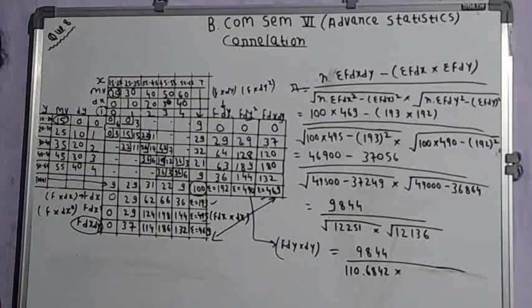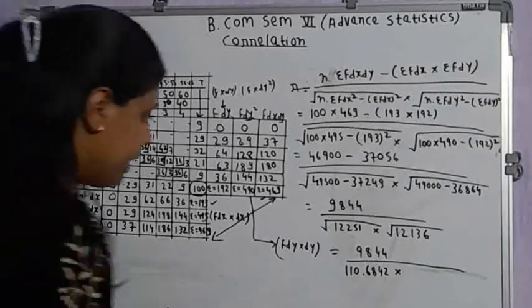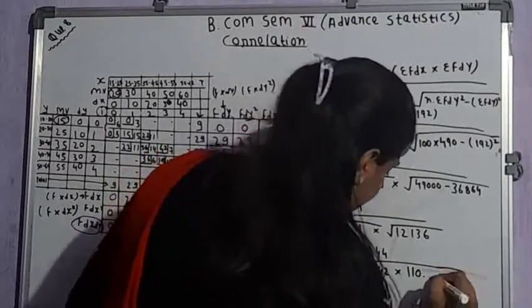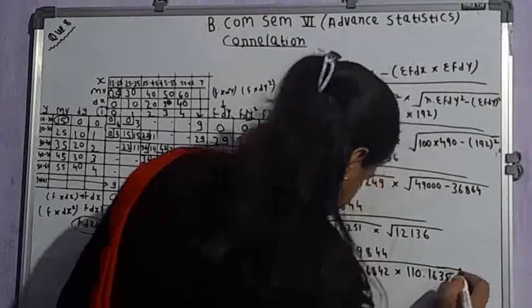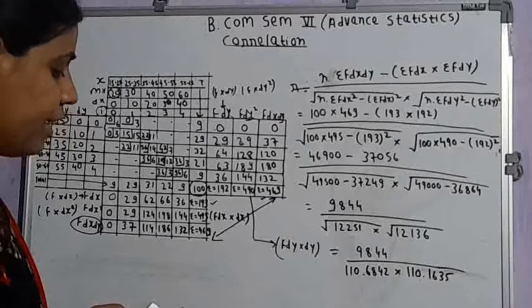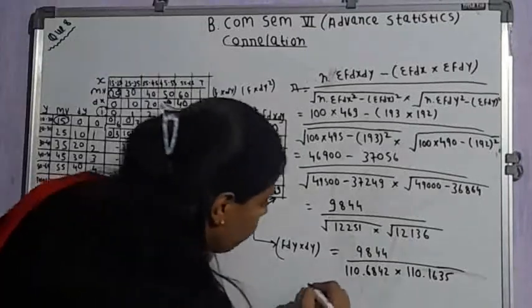We will put 12,136 on the calculator and press the button of under root. So it will come to 110.1635. Okay.